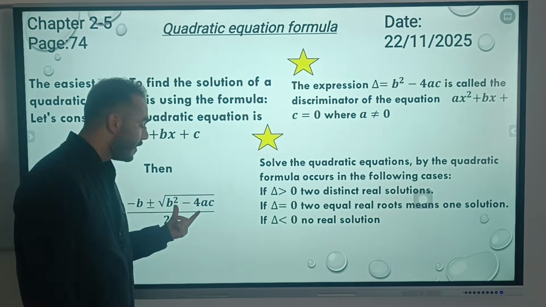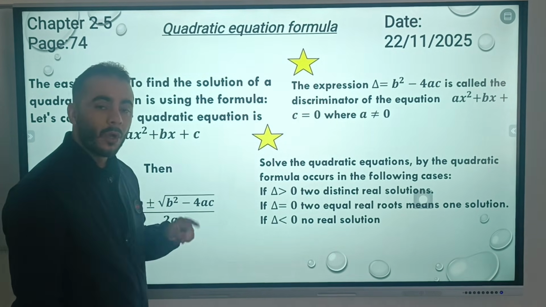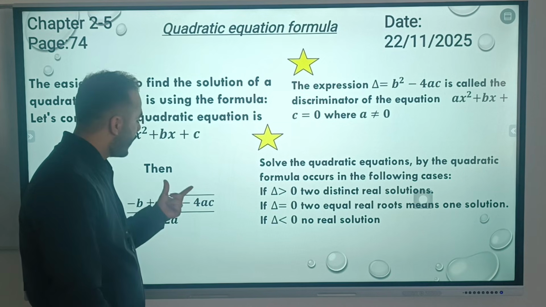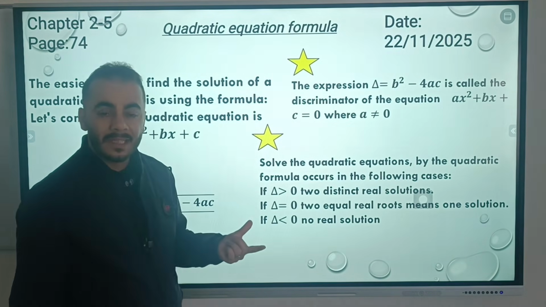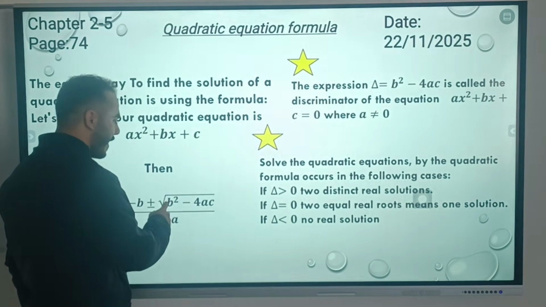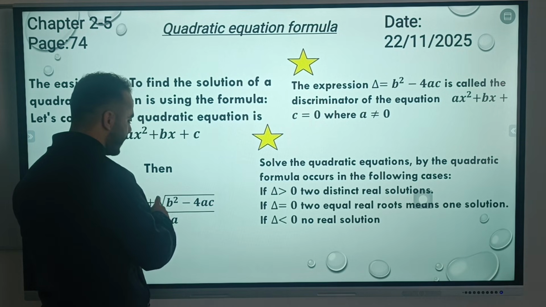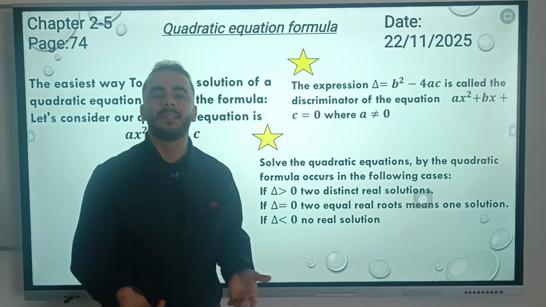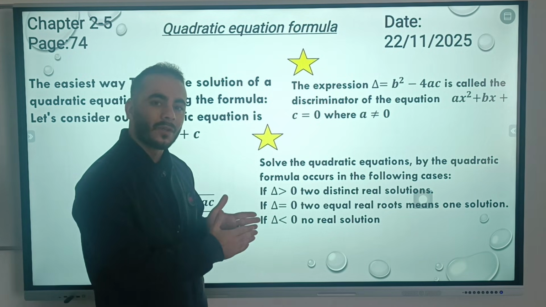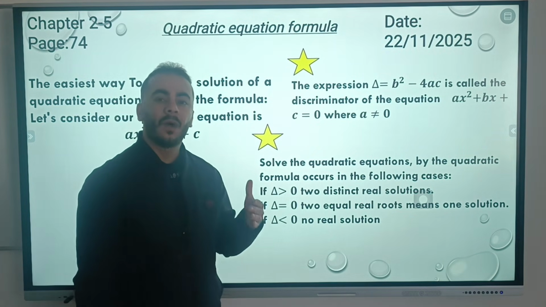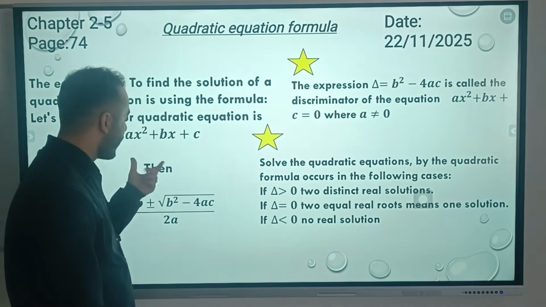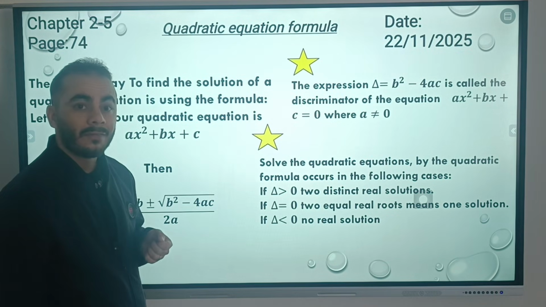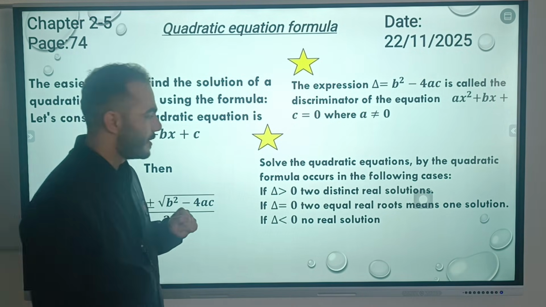But if the result inside is equal to 0, we are going to have a single solution. If the result is negative, for example when we calculate b squared minus 4ac it comes out as negative 4, negative 5, or negative 10, then we will say there is no solution for that quadratic equation if delta is negative.